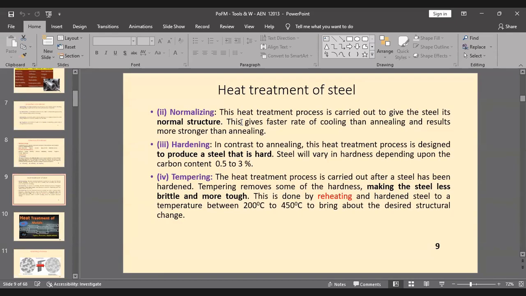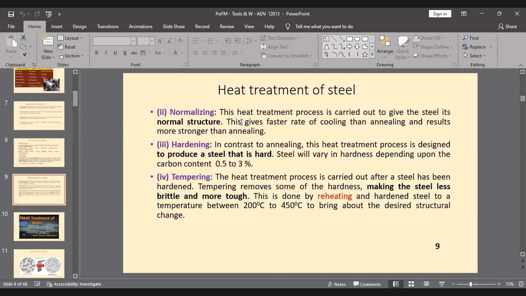This gives a faster rate of cooling than annealing. In annealing, we utilize continuous cooling, taken at its own level of heat dissipation. But in normalizing, the cooling is highly fast, for example quenching. Quenching is, a blacksmith may have a knife.